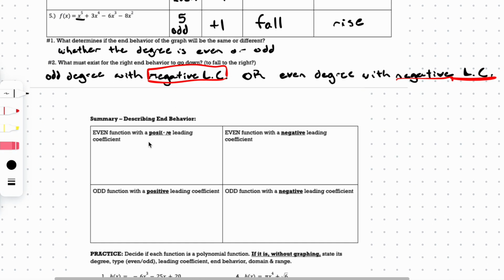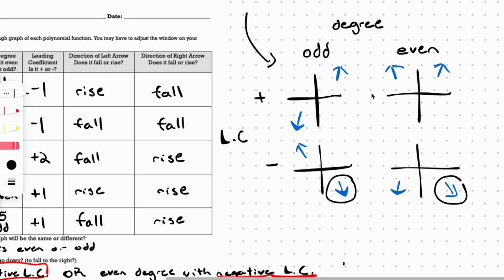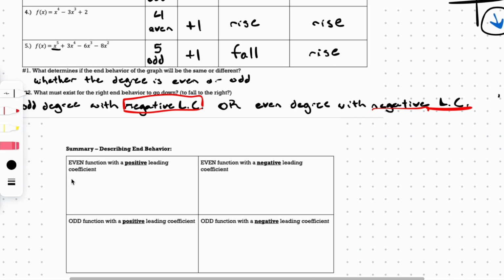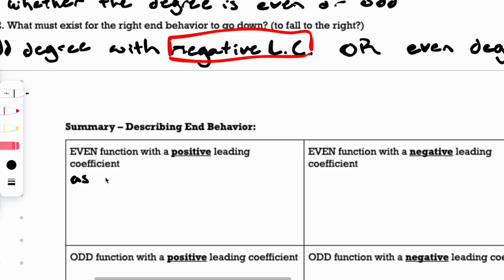Okay, so an even function with a positive leading coefficient. Let's look at what we created. We have an even function with a positive leading coefficient, so it's going to be this scenario. We see that as x approaches negative infinity, what happens to our arrow? Is it rising or falling? It's rising. So we say, as x approaches negative infinity, f of x approaches positive infinity.